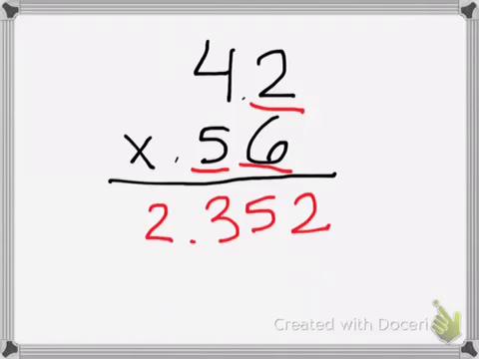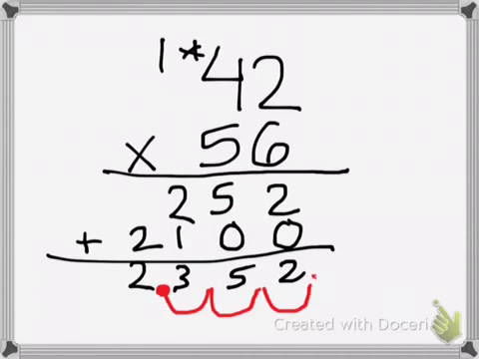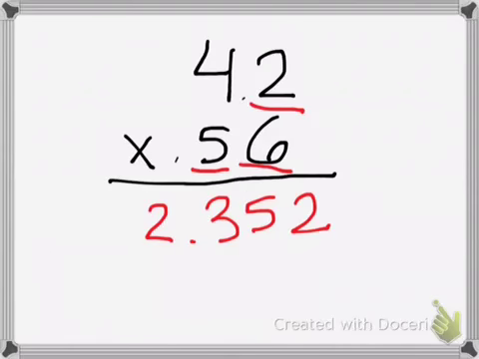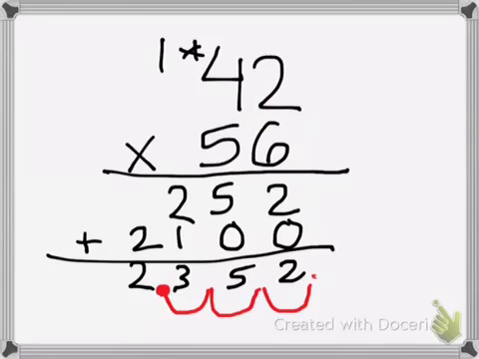Okay, so in our original problem, we changed 4 and 2 tenths and made it 42. And if you think about it, all we really did when we did that was move that decimal over 1 to the right. In the second factor, we moved 56 hundredths and made it the whole number 56.